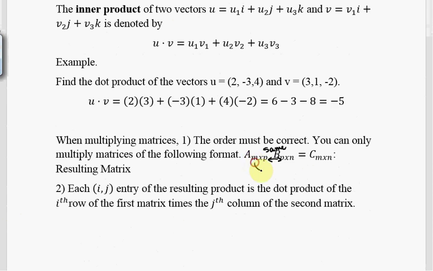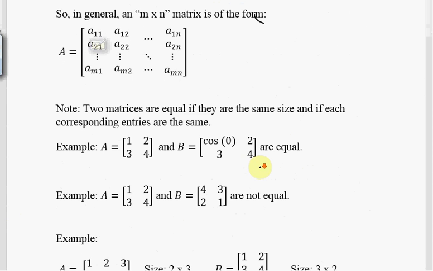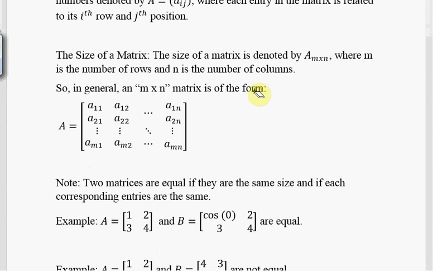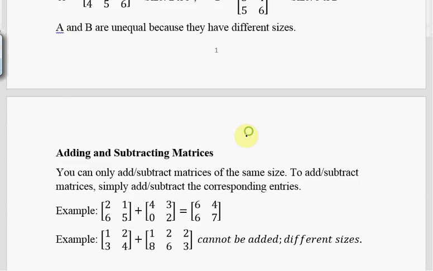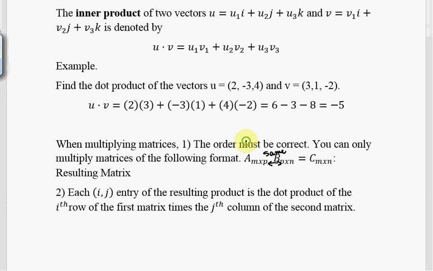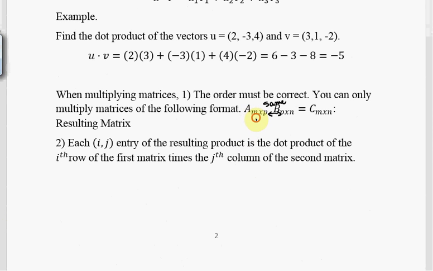And then the resulting matrix size there is an M by N.